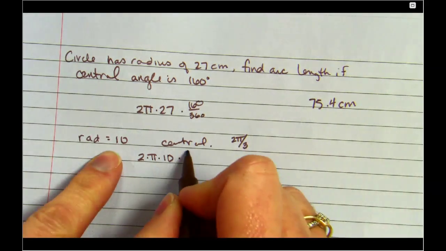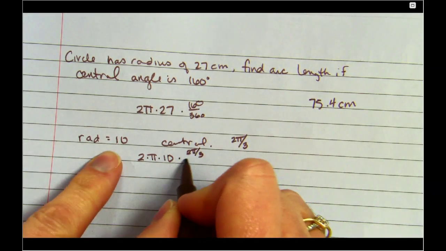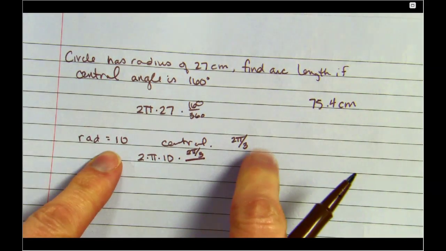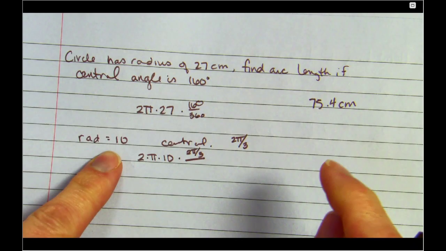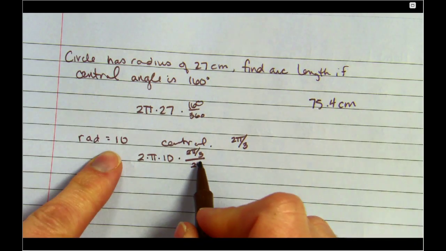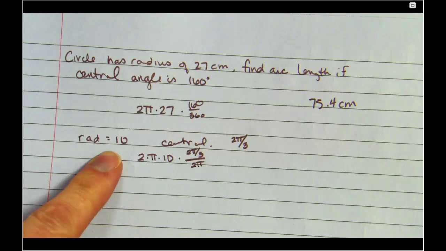You could do 2 pi over 3 over what's the whole circle in terms of radians. You could just put the 2 pi there and do it that way. You can do a double fraction on your calculator.